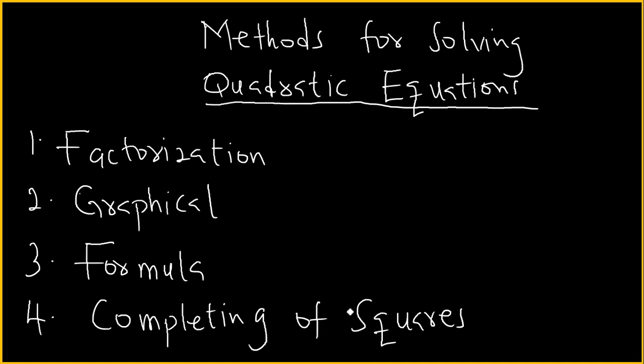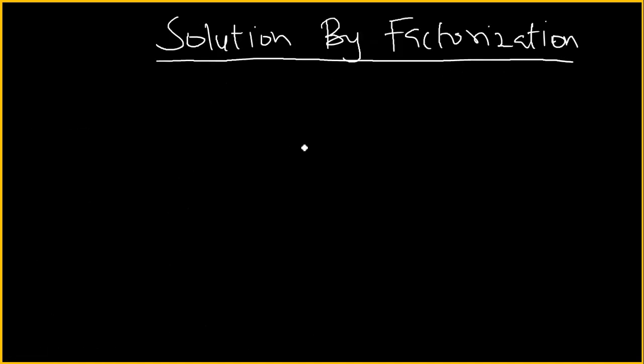Most of the time, for core math, these two are not normally used, the formula and completing of squares. These are frequently used in elective mathematics, and we would also talk about these two. So starting with the factorization method, the questions are formulated in different types, and we are going to talk about all the types. So starting with the first type, type 1.